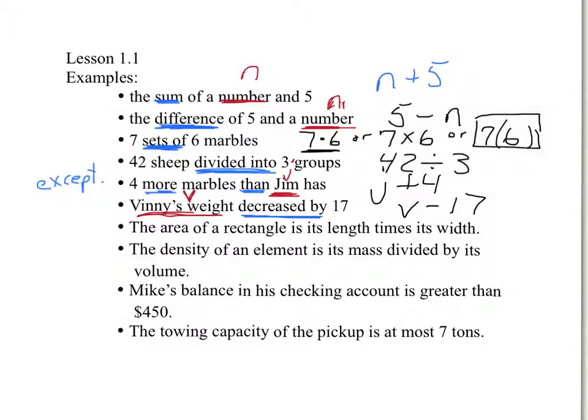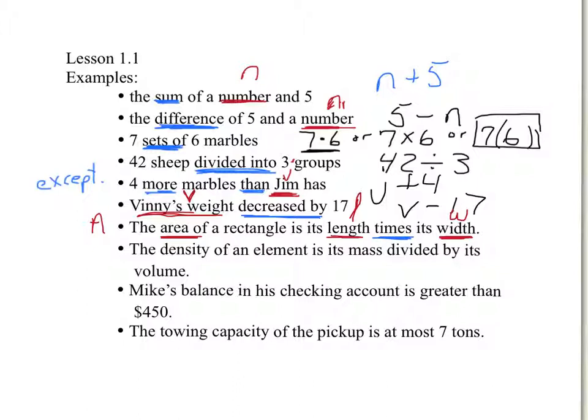Okay, the next one says the area of a rectangle is its length times its width. The things that I don't know here are the area, which I'm going to call A, the length, which I will call L, and I'm going to use a cursive L so it doesn't look like a 1, and the width, which I'm going to call W. As far as operations, I see times, so it's going to be multiply.